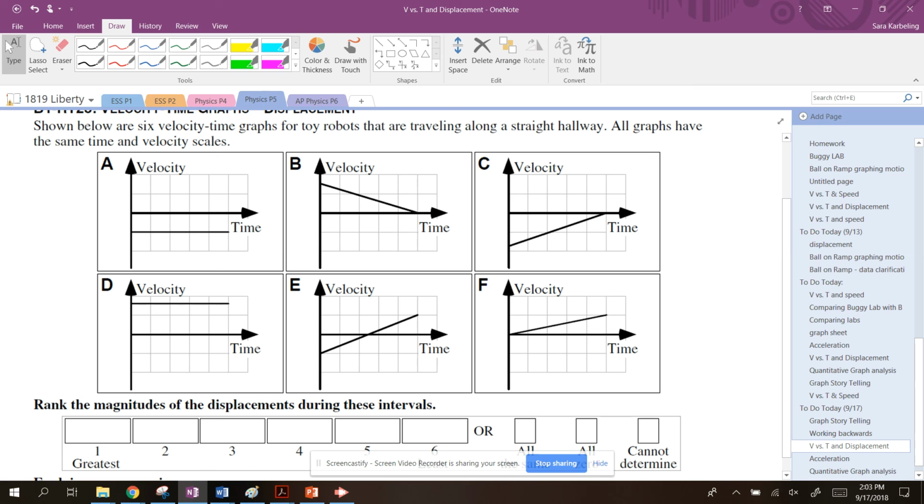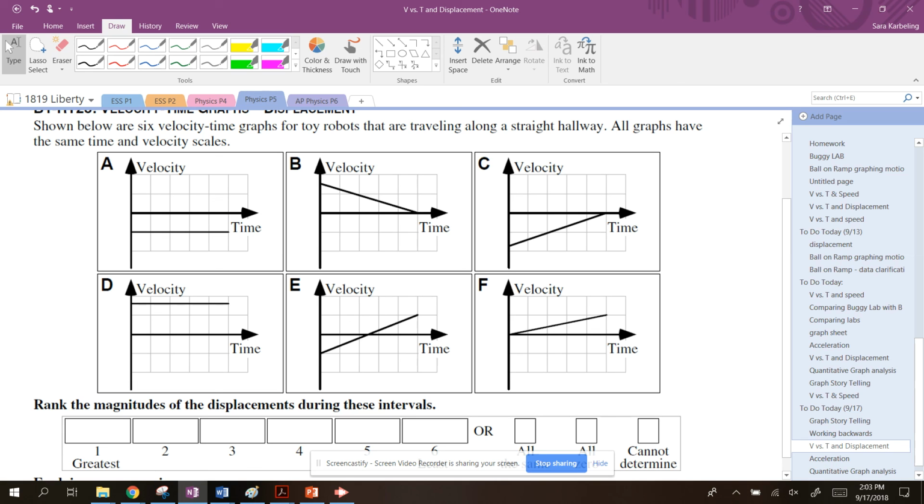Then C is the negative. D, so it should be okay. It'd be like 3.5 over 5. And then it'd be 1, 2 over.